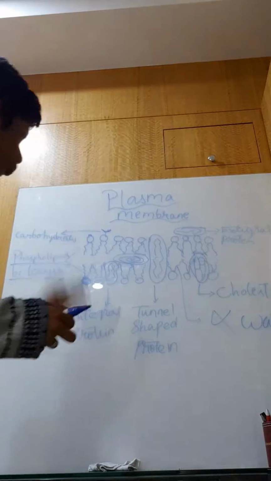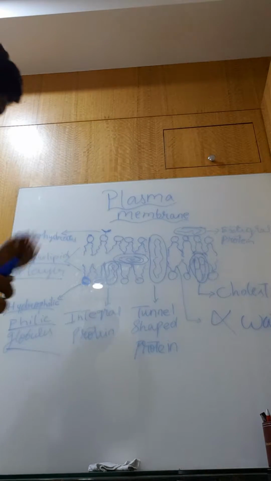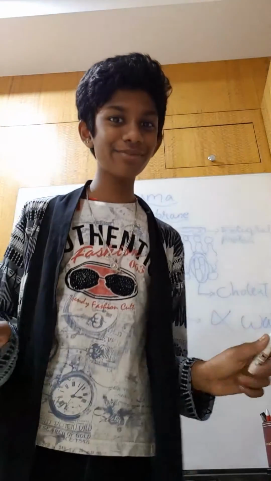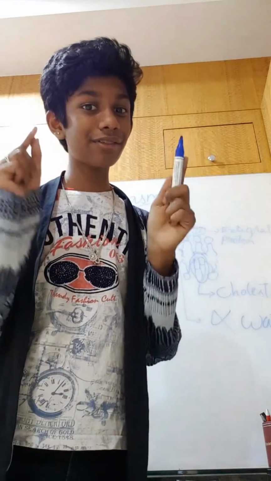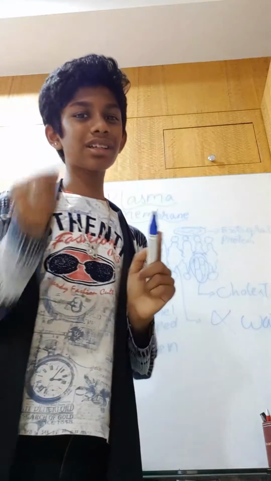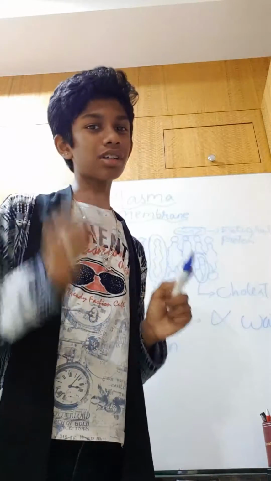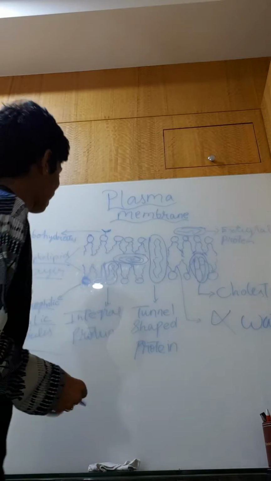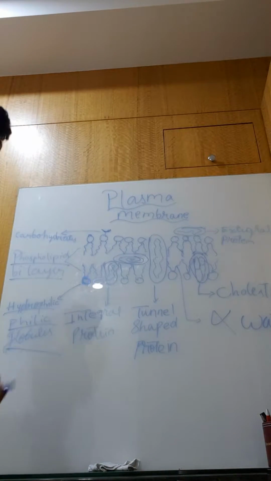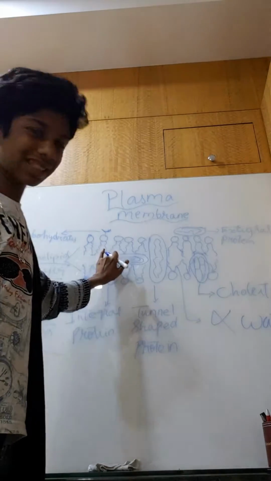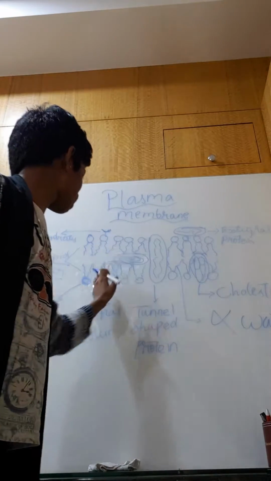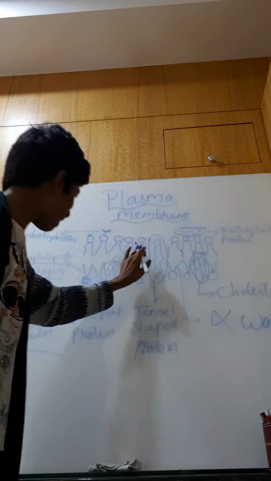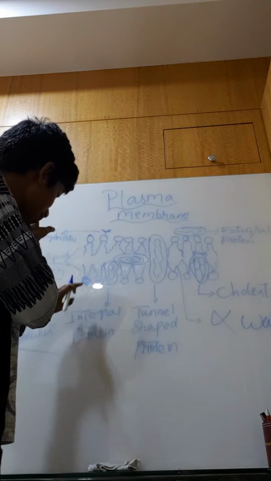Carbohydrates are so important for us. Carbohydrate is present in the layer. Here we have integral proteins, and extrinsic proteins, both extrinsic and integral proteins.